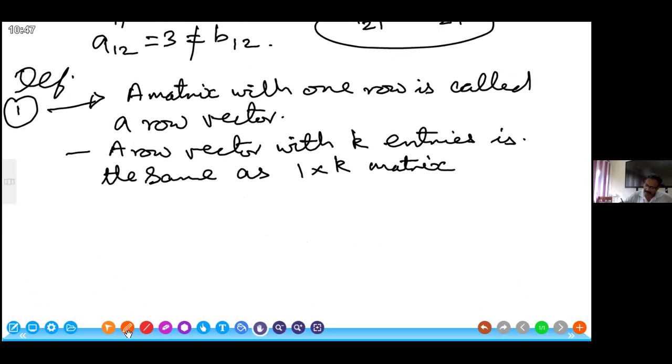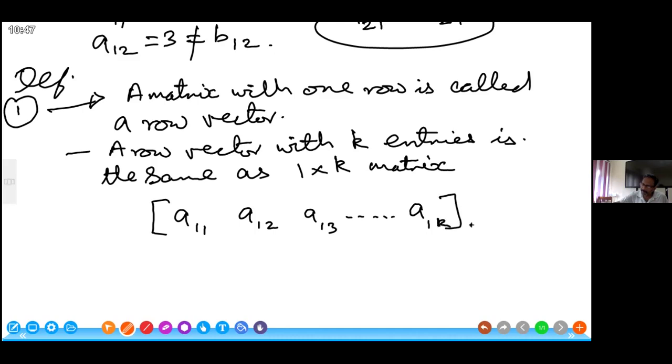Let's take an example: A11, A12, A13, and so on up to A1k. So this is a 1 into k matrix, called a row vector.